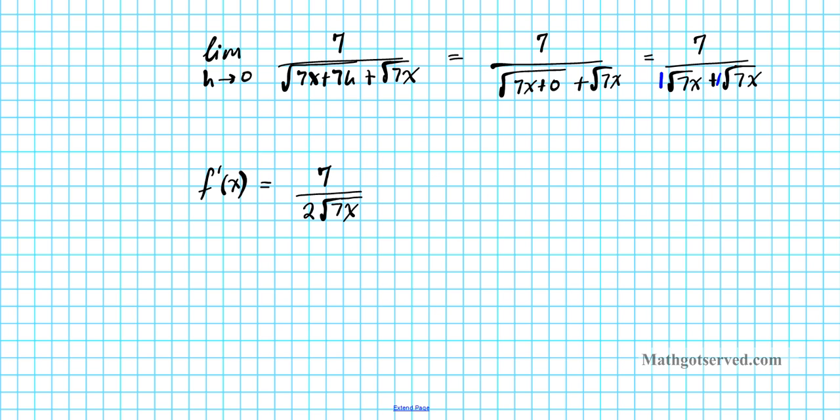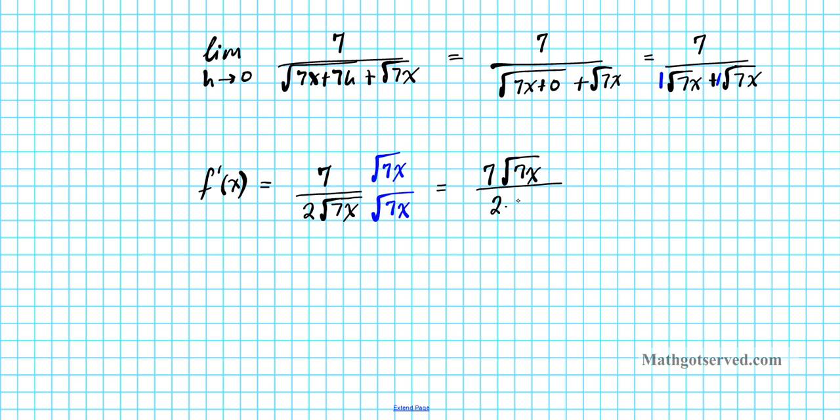Now we have a radical in the denominator, so we can simplify a little bit further. We rationalize the denominator, that's what we're doing, not conjugate. So rationalize the denominator using the radical component of the denominator. If you do that, you're going to end up with 7 root 7x, and in the denominator 2 times root 7x times root 7x.